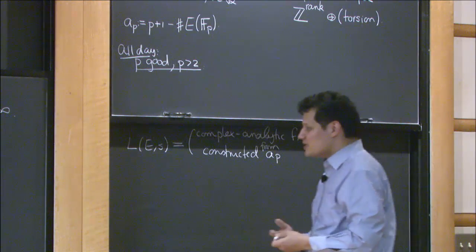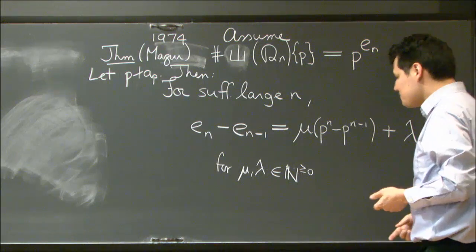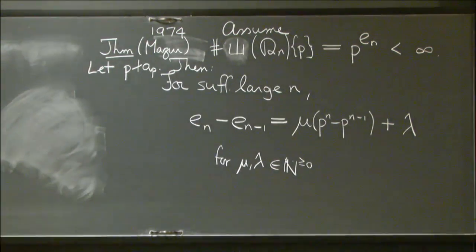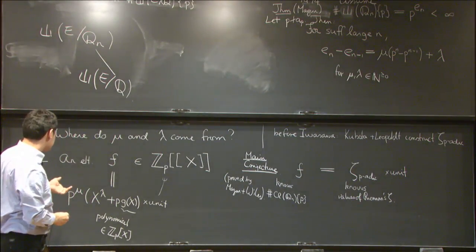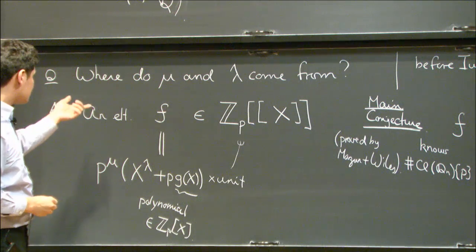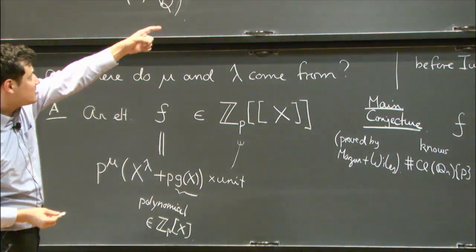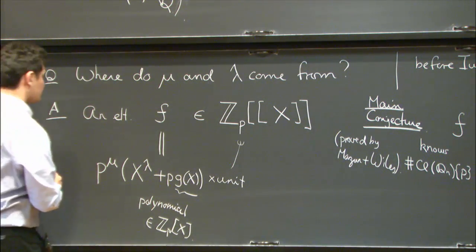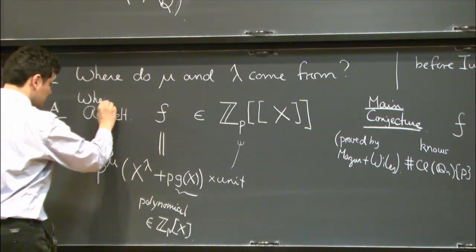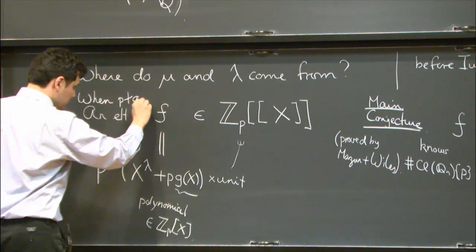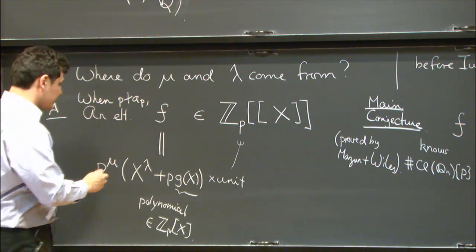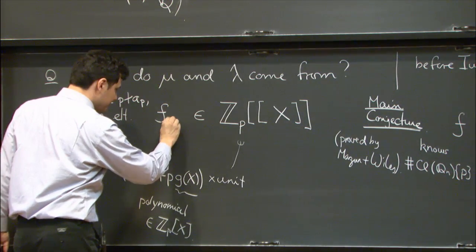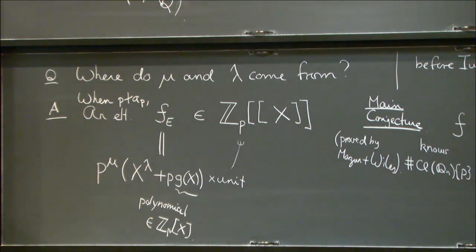So where do the invariants mu and lambda come from? It turns out that in the case where p does not divide a_p, they again come from some power series f. Maybe let's call it f_E to distinguish it from the number field case, inside Z_p[[X]].